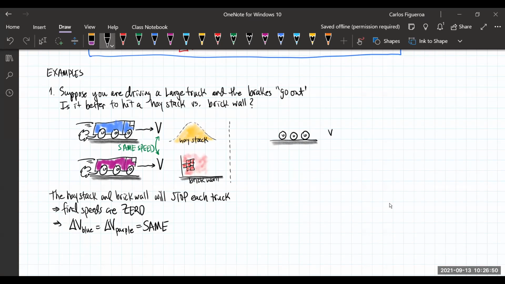We know that it's at rest. But now we got hay everywhere, hay all over the place. So the hay stops the truck here. As we said already, the haystack stops the truck.